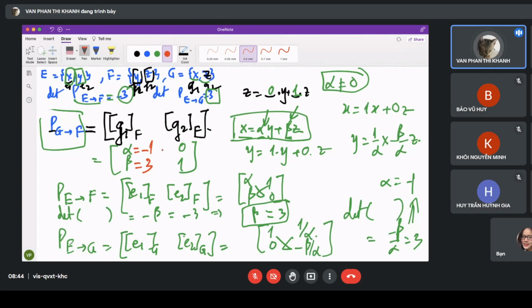I know it's quite a difficult exercise, but it's not the main focus of our course. You have to understand what the transition matrix is, so you have to represent it as a linear combination. If you don't understand this question, you can skip it, no problem.